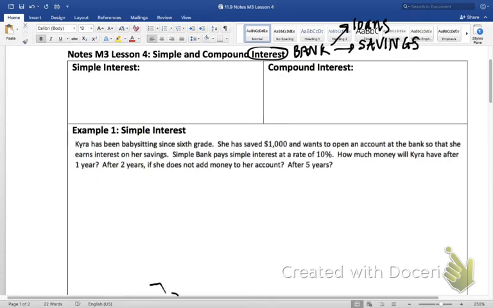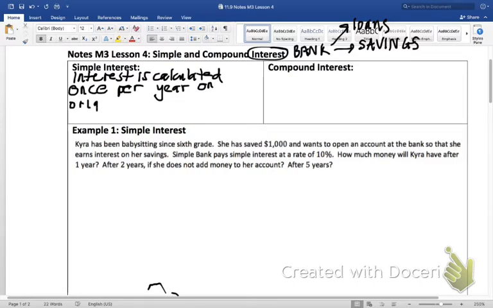Simple interest is interest calculated once per year on the original amount that was borrowed, or it could be that you invested the money, right?